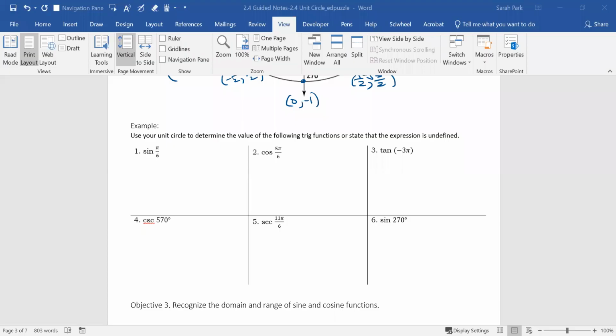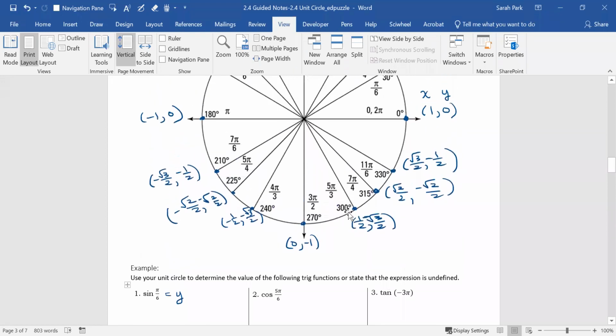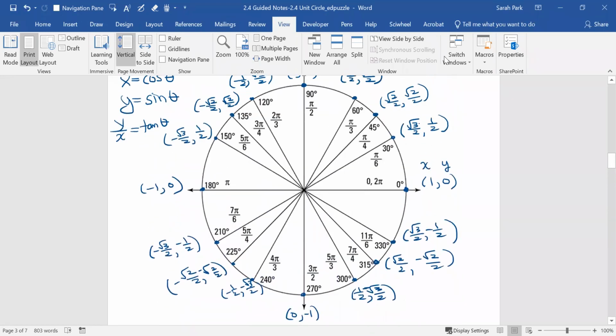Okay, so if we look at sine of 5 pi over 6, this wants us to look at pi over 6, right? And then we're going to see, okay, what is the y coordinate of that angle? So let's look over to our unit circle that we just completed. And pi over 6 is located right here.